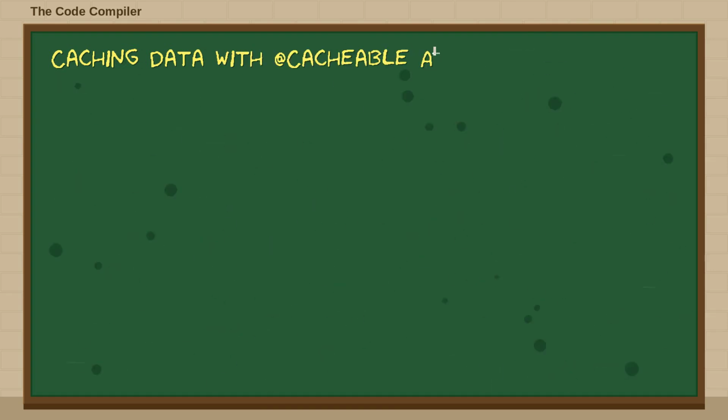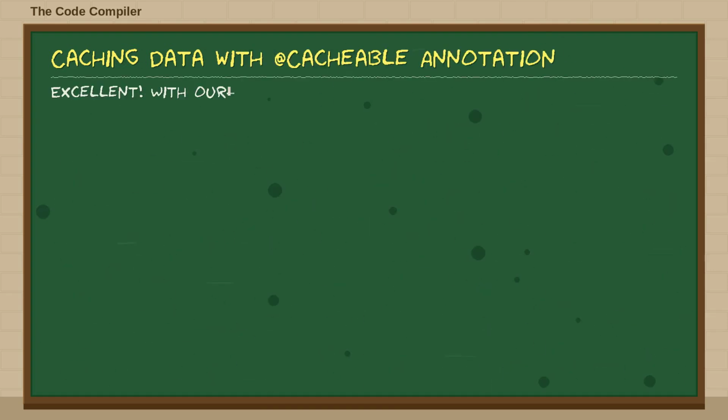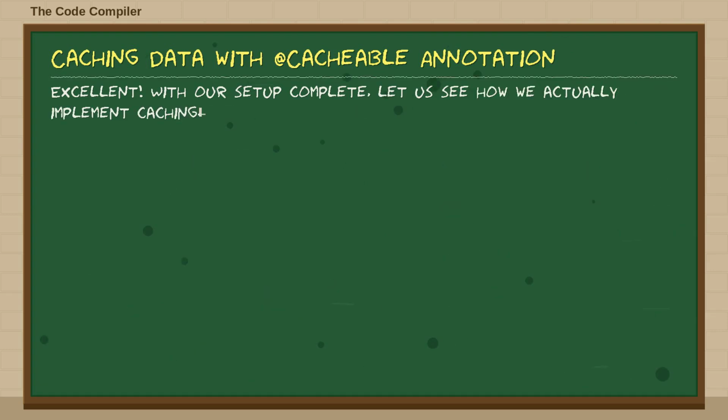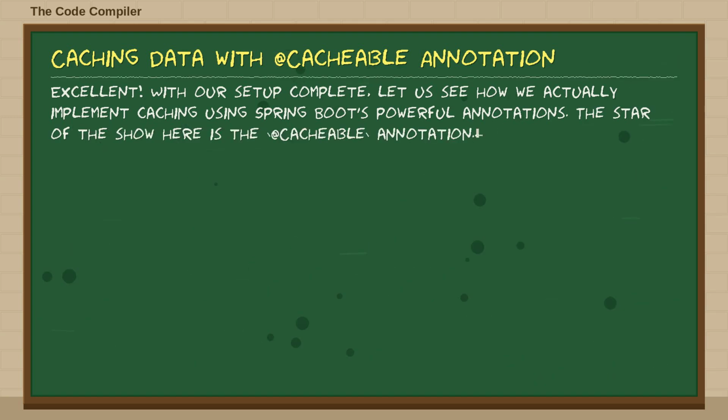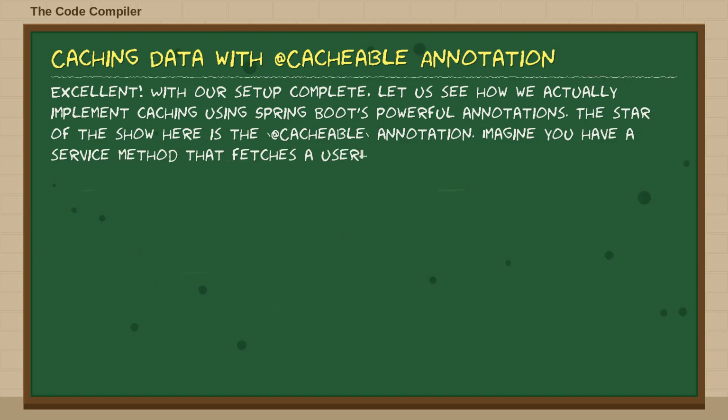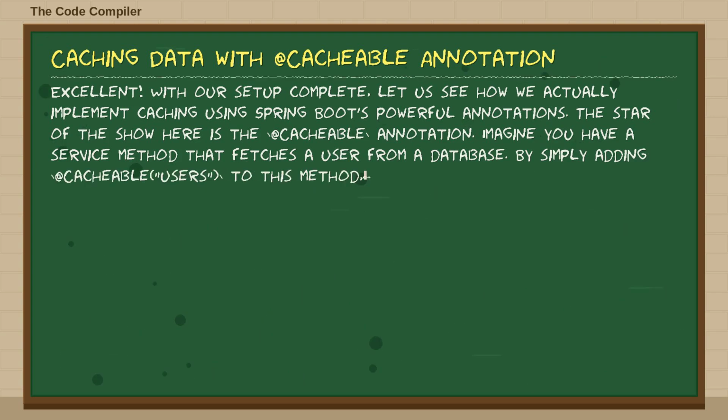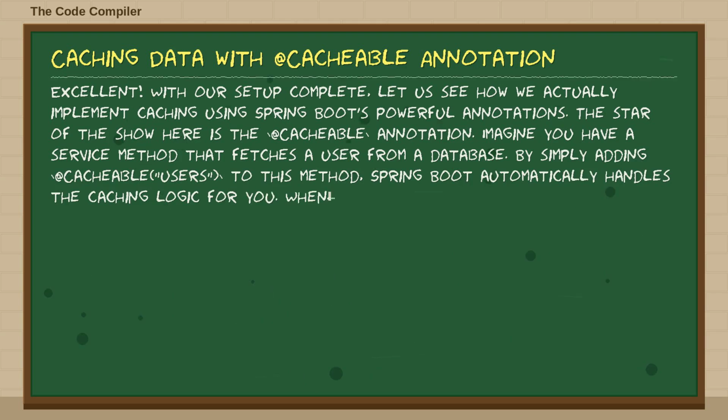Excellent. With our setup complete, let us see how we actually implement caching using Spring Boot's powerful annotations. The star of the show here is the @Cacheable annotation. Imagine you have a service method that fetches a user from a database. By simply adding @Cacheable("users") to this method, Spring Boot automatically handles the caching logic for you.